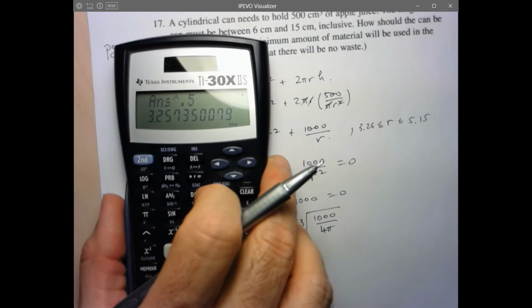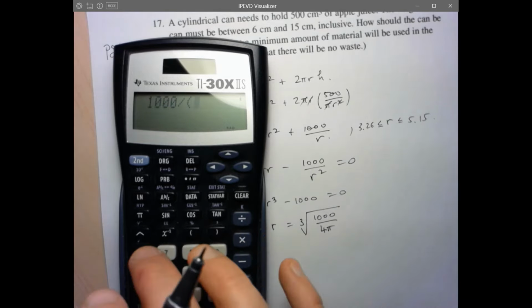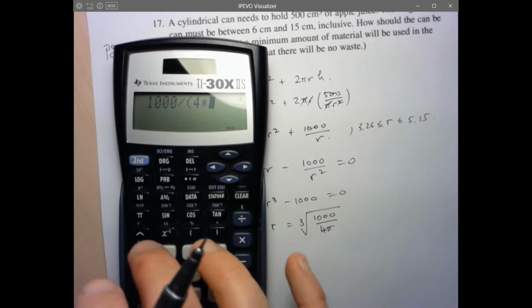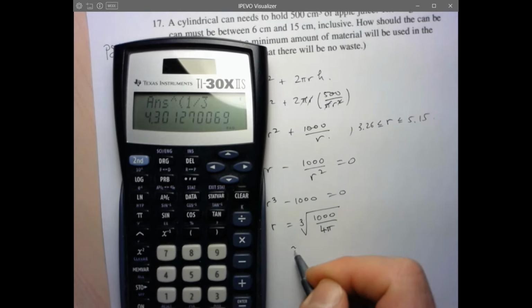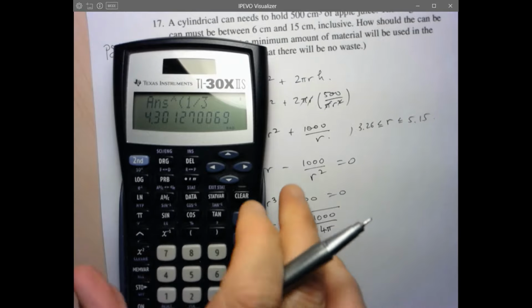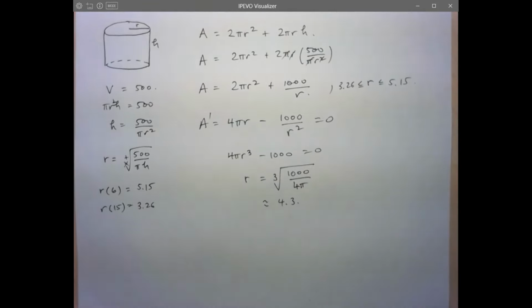So here, let's estimate that. 1,000 divided by 4 times pi, and then exponent 1/3, and that gives us about 4.3. All right. So given that we're working on a closed interval, we know that the absolute maxima and minima occur at either the critical points or the endpoints.